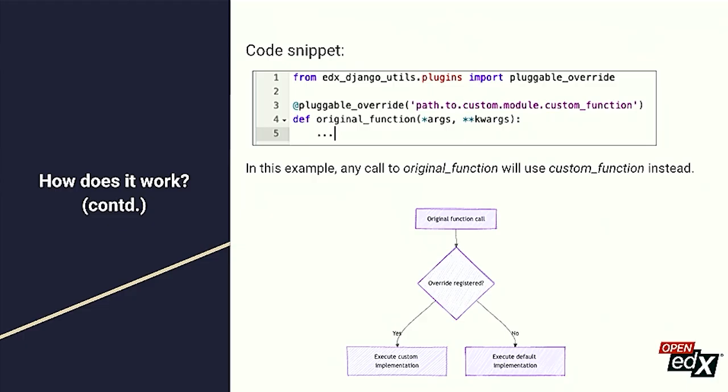As you can see in the diagram, once the system identifies that there is an override registered, it executes its custom implementation. One thing I forgot to mention in the previous slide is that it doesn't only override the existing implementation, but it allows you to wrap your custom implementation around the original one as a pre or post implementation.